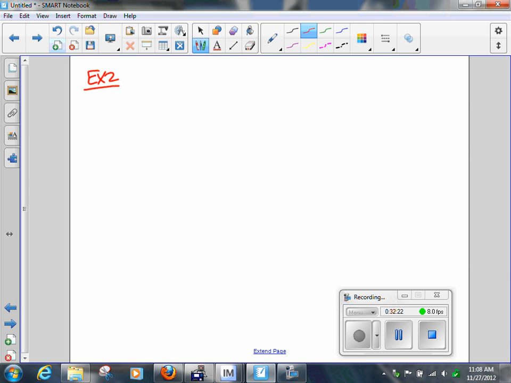Here's the function, 6 over x squared minus 3x minus 28.